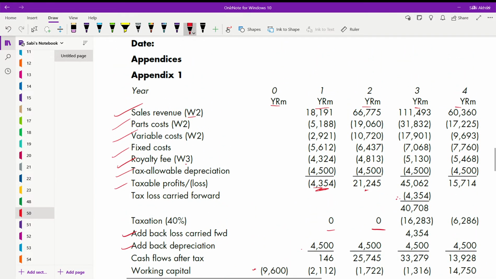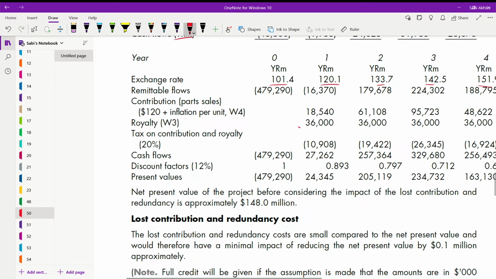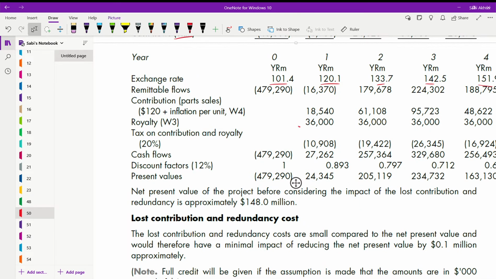This is when it is in foreign currency, because they have to pay a royalty fee. But here it is receiving. Of course, one company pays the royalty, the other company receives it. Same for the contribution.